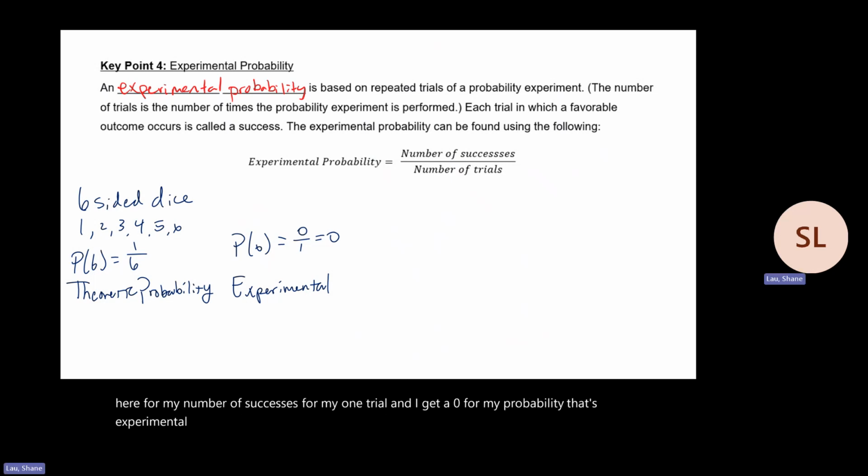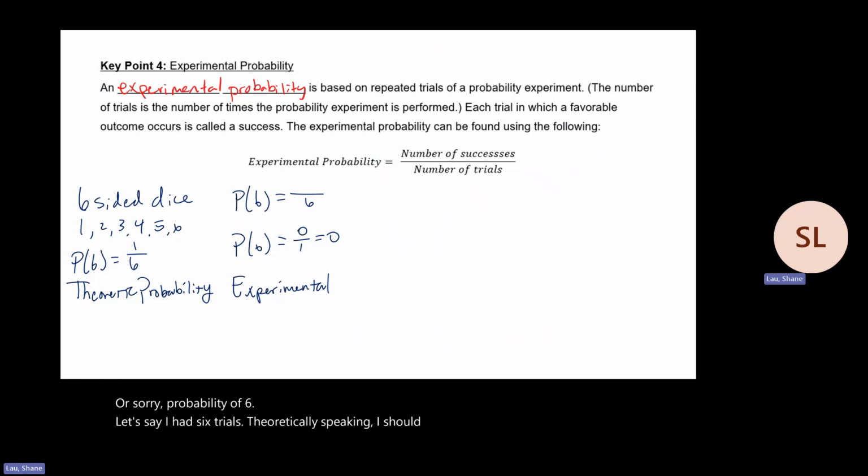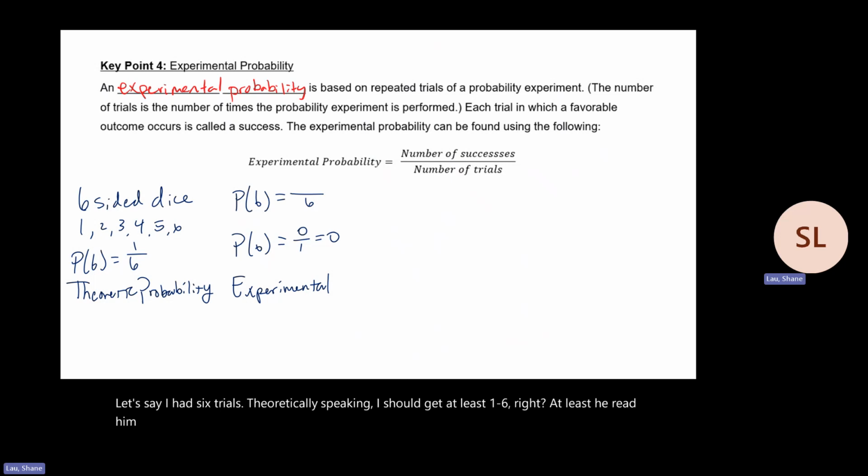Now let's bump it up. Let's say I had a probability of 6, and let's say I had 6 trials. Theoretically speaking, I should get exactly 1 6, but we'll get there. I roll.